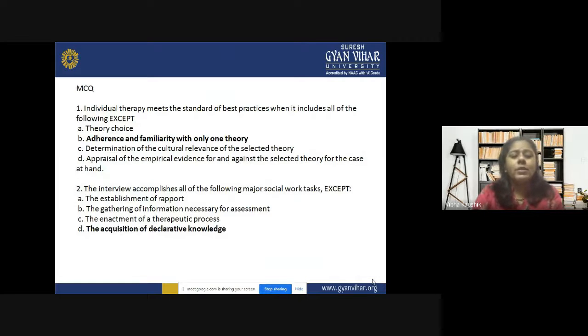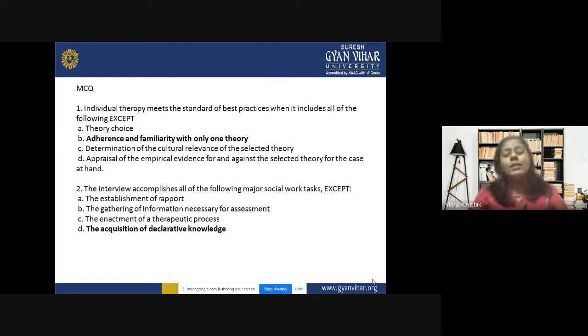Now the first one: individual therapy meets the standard of best practices when it includes all of the following except. The options are A, theory choice; B, adherence and familiarity with only one theory; C, determination of the cultural relevance of the selected theory; or D, appraisal of the empirical evidence for and against the selected theory for the case at hand.